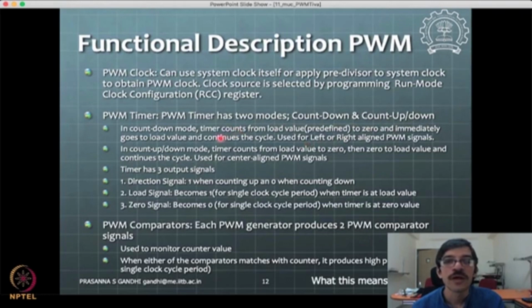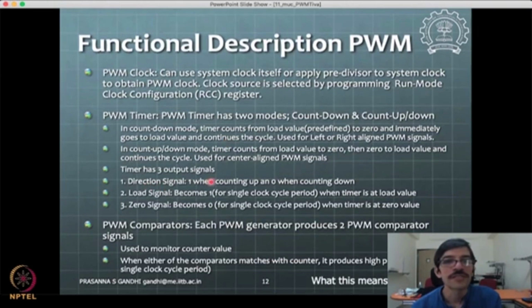In count down mode it will only count down, and wherever the count becomes 0, it will again load the same value and start counting down to 0 again. So this is one mode of operation for the timer. The other mode will start off counting up, and then count down, again count up from 0, and then again count down. Like that it will continue. So how do they use this further? Then it will have some more details that are given.